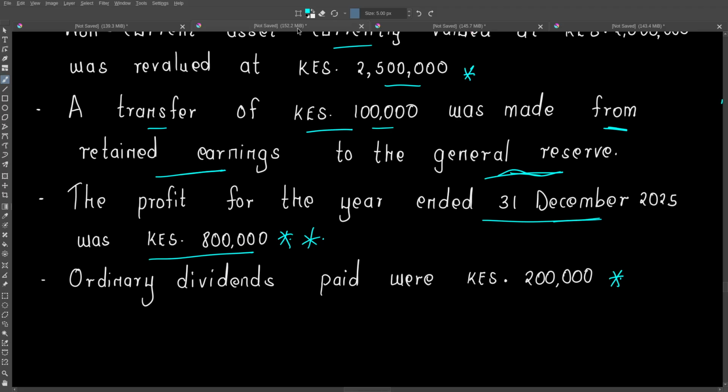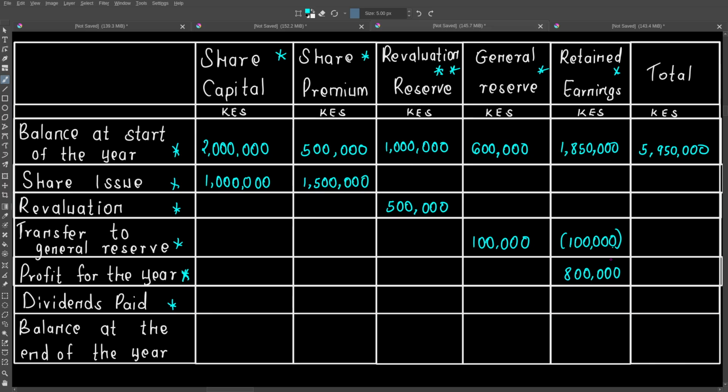Then we are told ordinary dividends paid were Kenyan shillings 200,000. Dividends, remember, are a payout, and a payout from where? From the retained earnings. So we come and less 200,000 of these dividends paid. So now let us look at the totals.